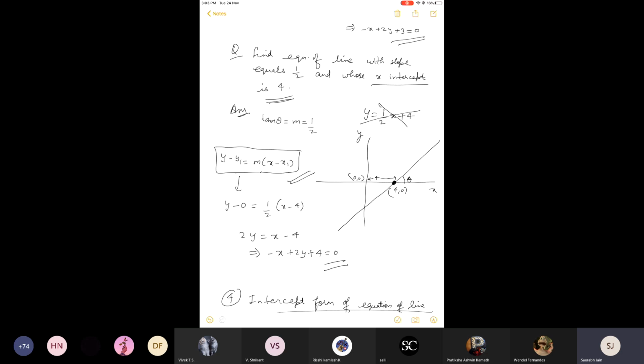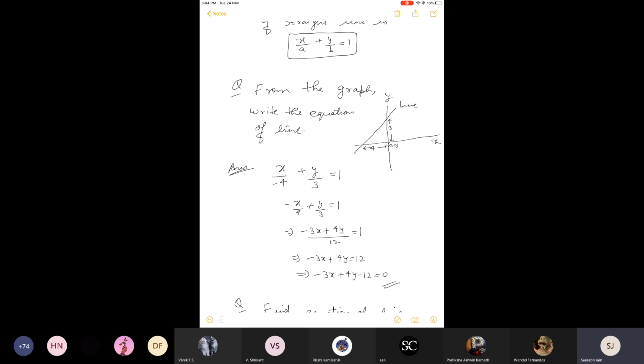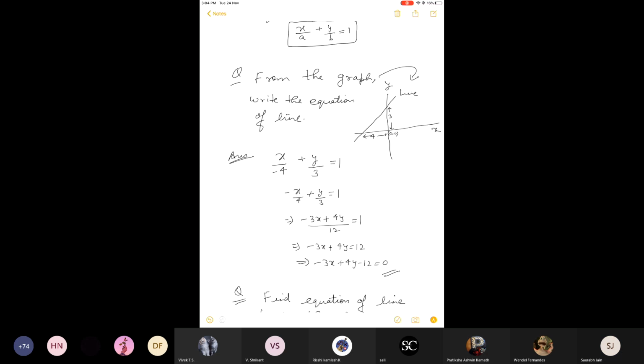This one you are asking, right? This graphical question. Yes, sir. So what is the problem here? What is x-intercept? X-intercept is -4 and that is denoted by A. Y-intercept is 3 which is denoted by B. Equation of line is x by A plus y by B is equal to 1. We have just substituted the values here. So where is the problem? Okay, sir. All right.